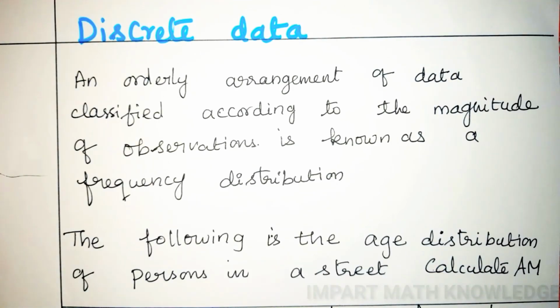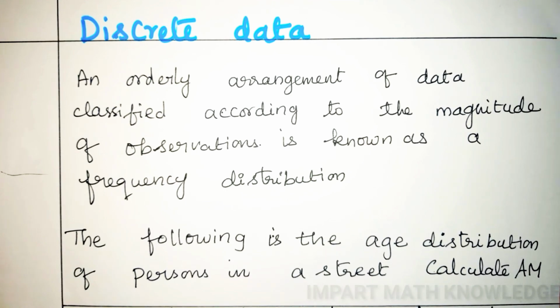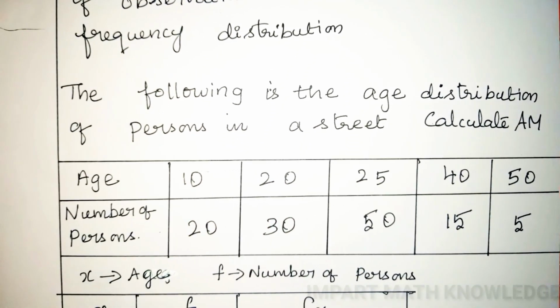Second one, discrete data. The frequency distribution is nothing but an orderly arrangement of data classified according to the magnitude of observations. The question is, the following is the age distribution of persons in a street. Calculate the arithmetic mean. We have to calculate the average age of a person in the particular street.